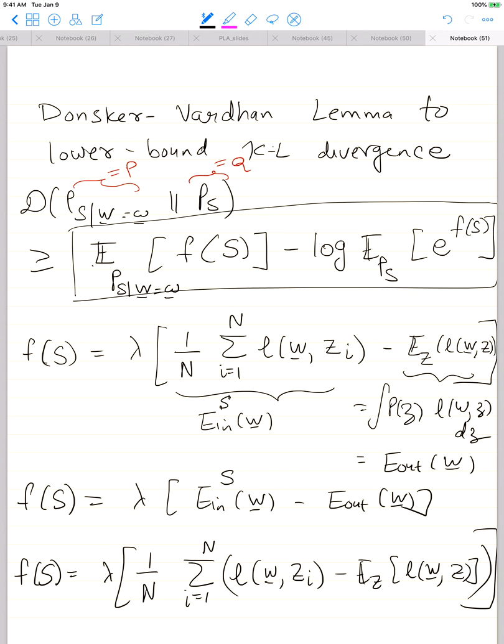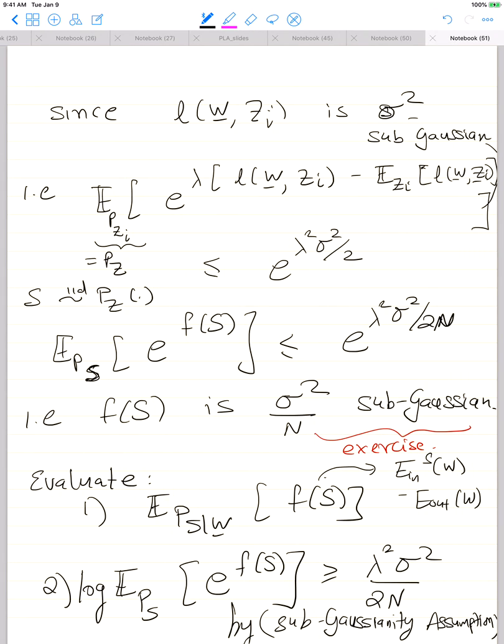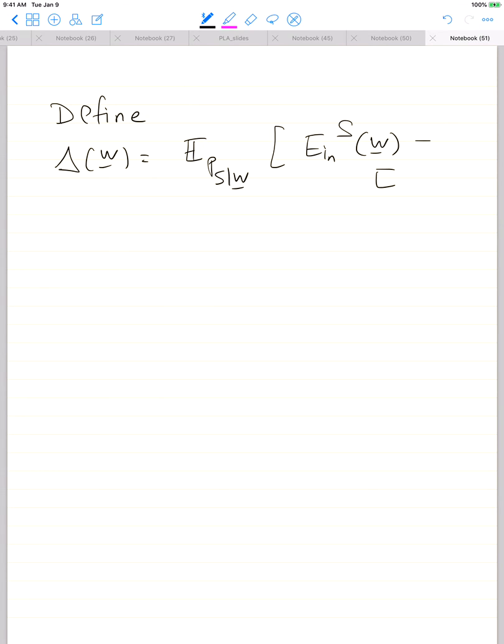Now we are taking the expectation with respect to P of S given W. So for now we define delta of W to be the expected value over P of S given W of E in S of W minus E out of W. Just define it like this. We'll later take the expectation with respect to P of W, and that will be what we care about, the joint distribution minus the average test error.